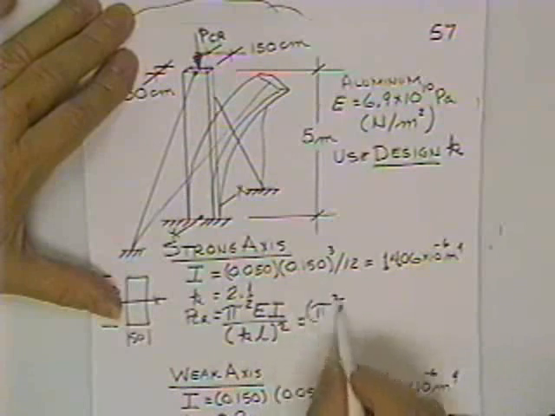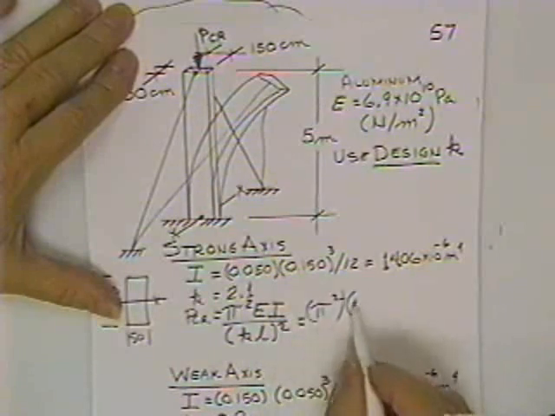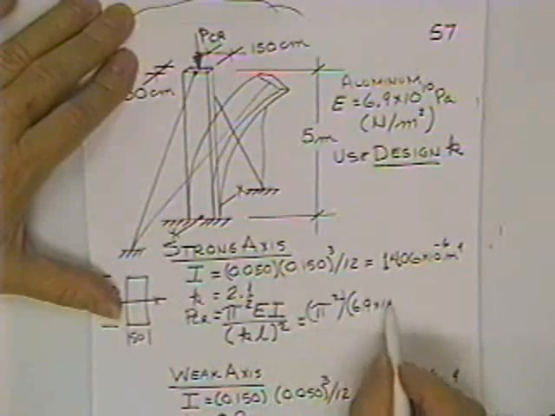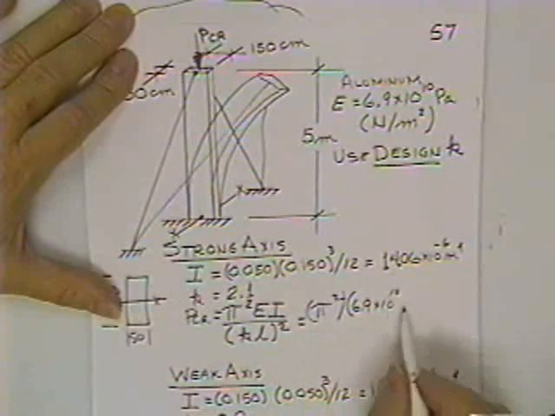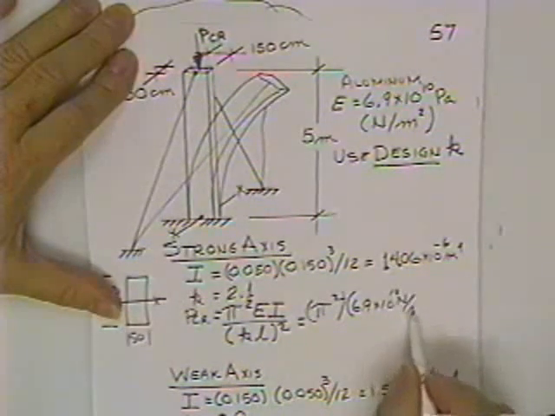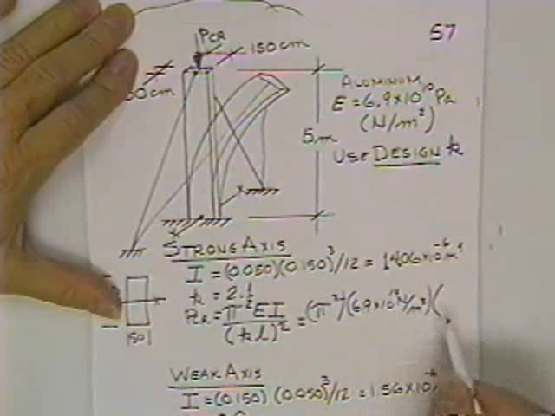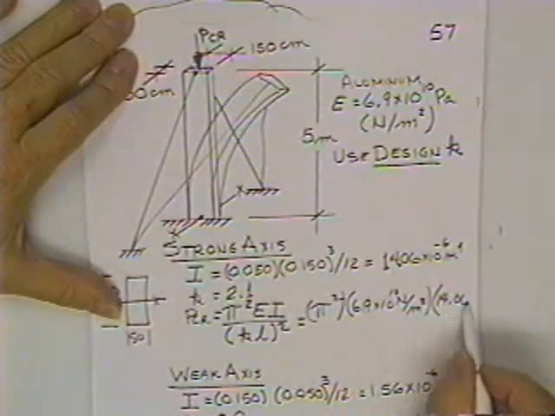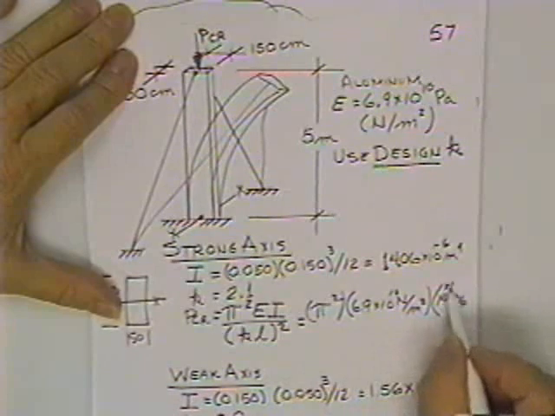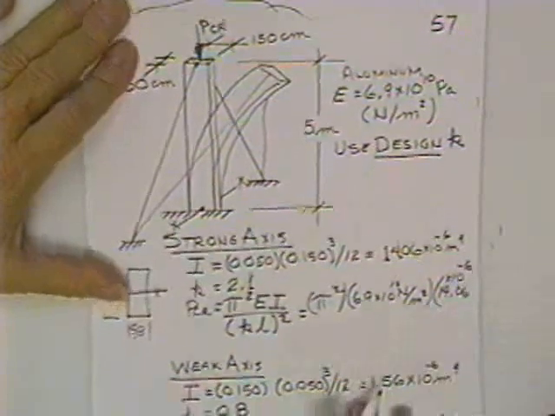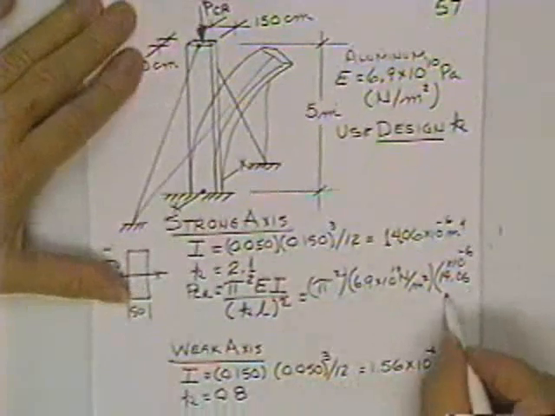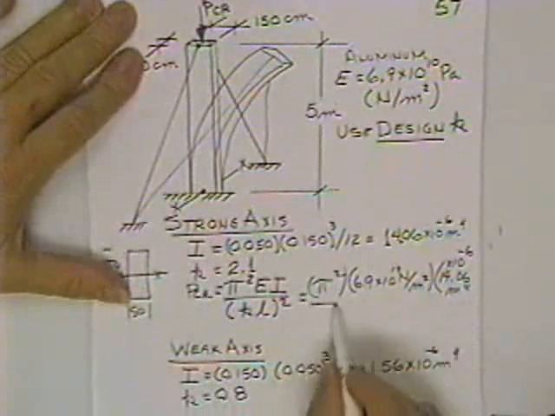So that's pi squared, E is 6.9 times 10 to the 10th newtons per square meter, moment of inertia is 14.06 times 10 to the minus 6 meters to the 4th.